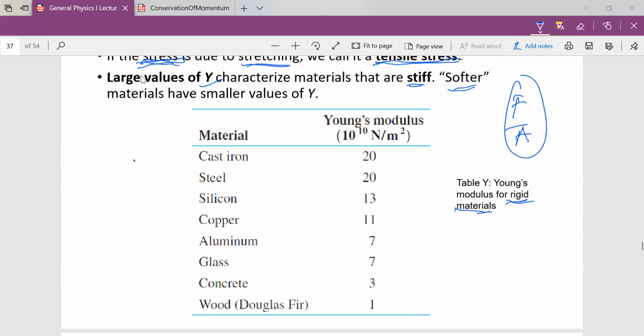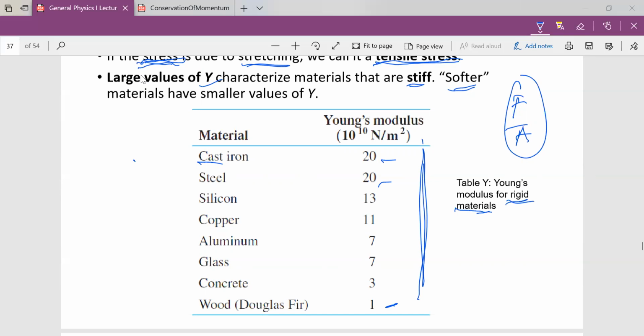So we see it validated here, see the range of values. Iron cannot easily be compressed. Look at the value, 20, as compared to wood. Wood, which you can subject to certain levels of heat or dryness, or even add water, you see expansion and contraction, easy stretching and compression.